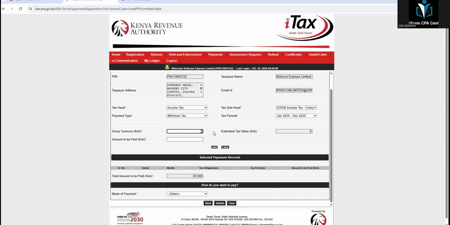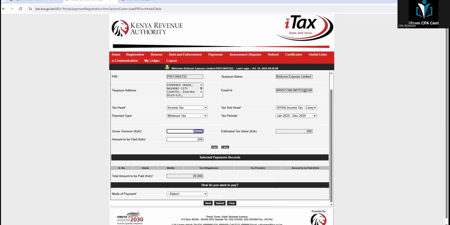So if the gross turnover on a monthly basis is 20,000, then they take the 1% of the gross turnover, and you pay this on a monthly basis. So if you don't want to pay the installment tax, then you can pay the minimum tax. It serves the same.